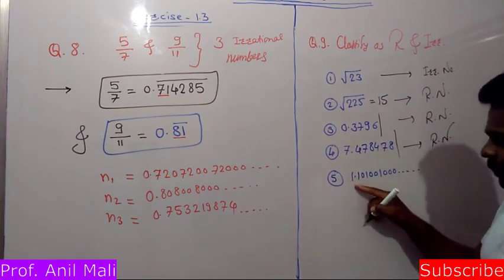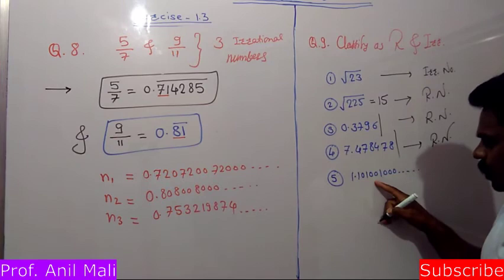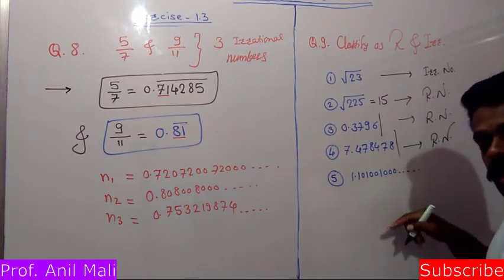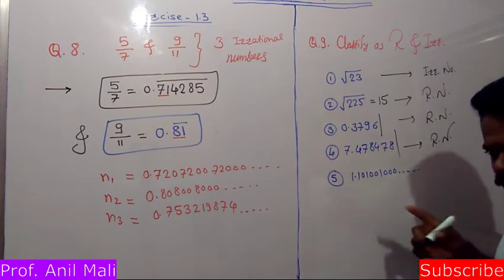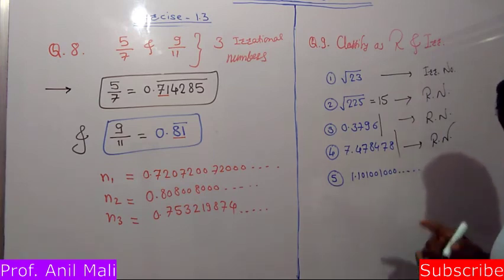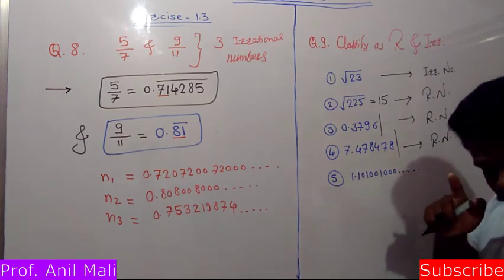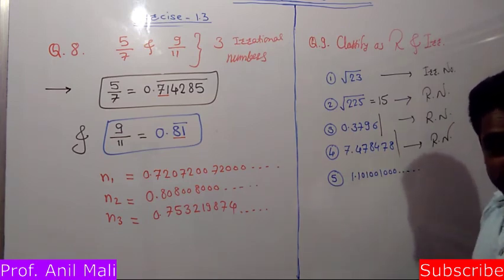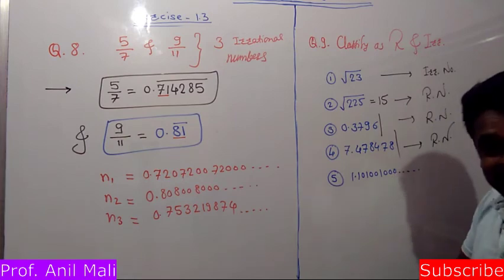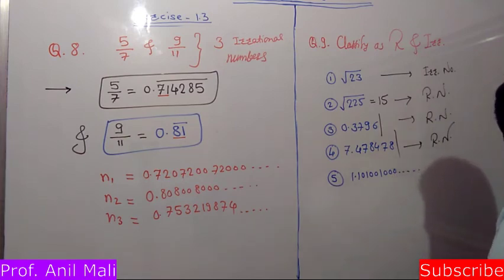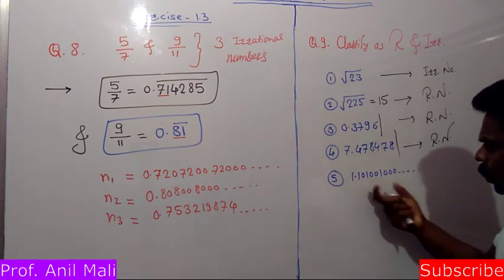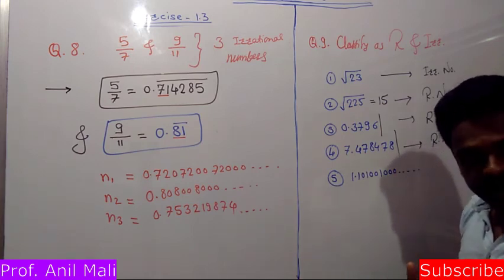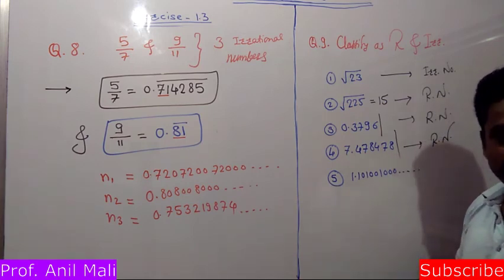Check out this: 0.10100100010000, and so on. So in that way it will continue. That means a continuing pattern is there. That's why it is non-terminating, and no digit or group of digits is going to repeat, so it is non-recurring.